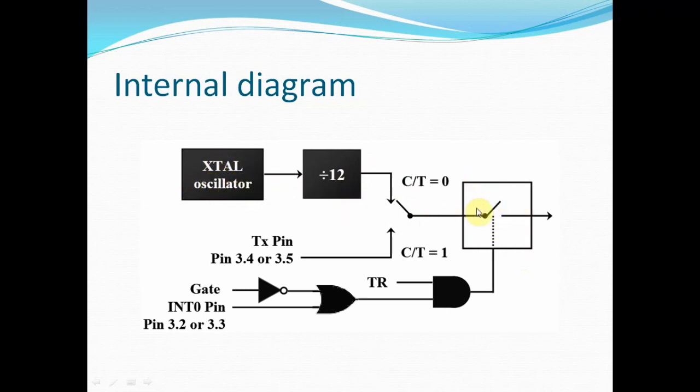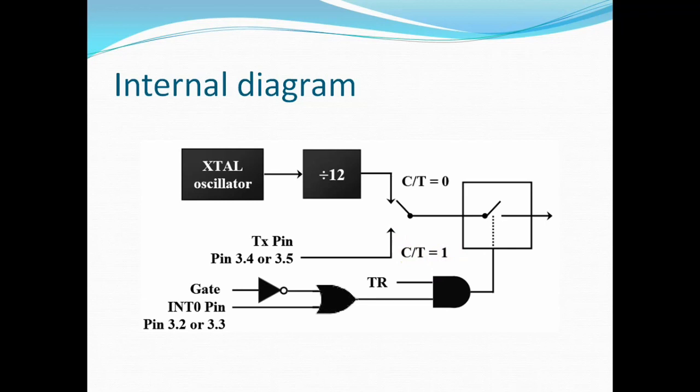But when you want to use it as a counter, then in that case this switch will be on the lower position, and if you can see, the input is coming from these external pins, because now this C/T bar is equal to 1. So when you make C/T bar equal to 1, that means you are using this as a counter, and you are actually counting the external events which are happening outside the microcontroller.